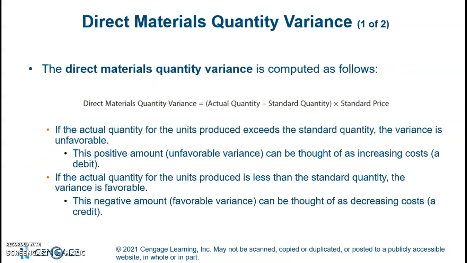Then if it's favorable, we'll call it a favorable variance, and if it's unfavorable, we'll call it an unfavorable variance.